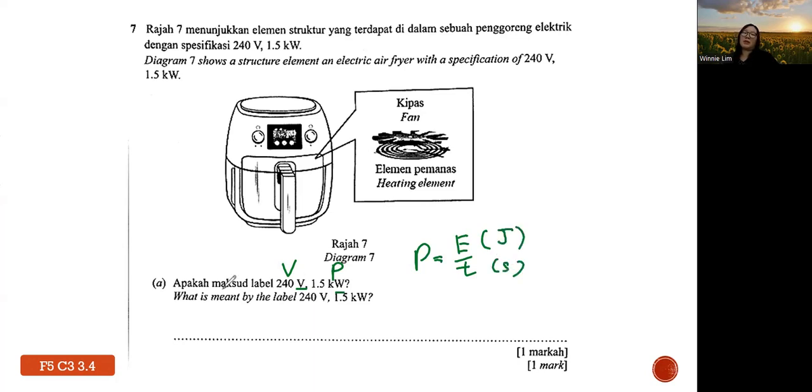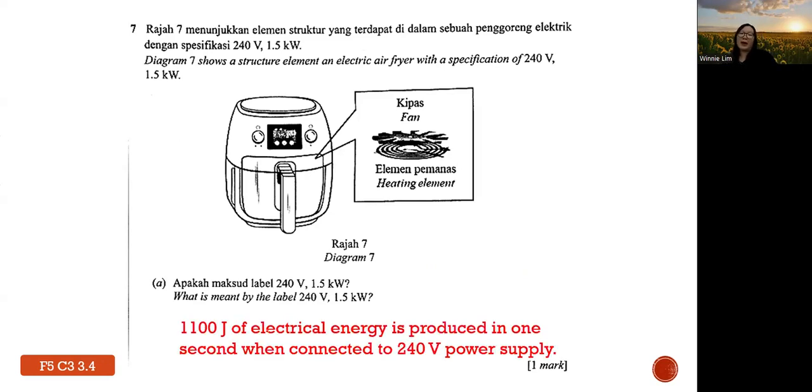So when this appliance is connected to 240 volt, it will actually consume 1.5 kilojoules of energy every second. So we can change it to 1,500 joule. Okay, so this is how you write: 1,500 joule of electrical energy is consumed when connected to a 240 volt power supply in 1 second.